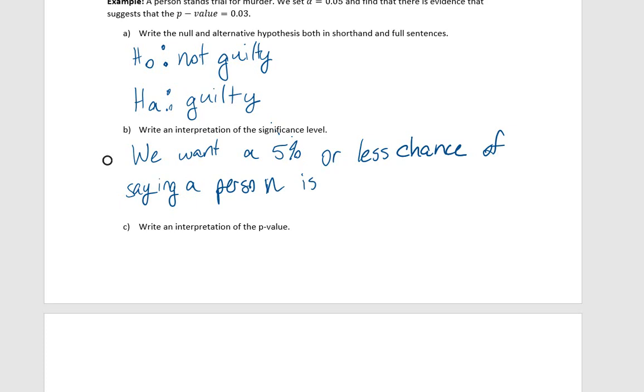Okay, so let's think about this. We want a 5% or less chance of saying that a person is guilty. So remember, the significance level is that we reject the null hypothesis when it's actually true. So we want there to be a 5% or less chance of saying a person is guilty when they actually aren't.